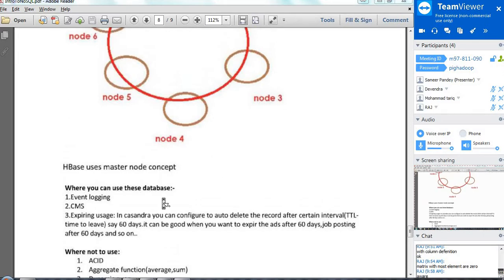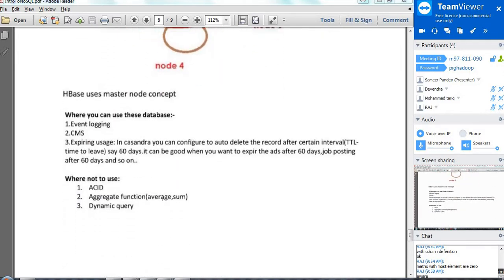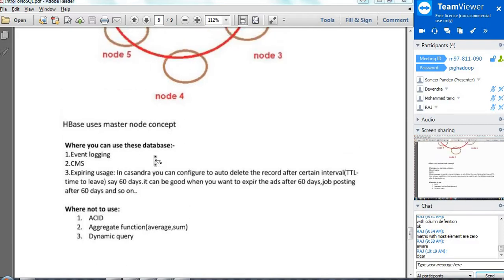Okay, so where can you use this type of database, the column family oriented? I will also tell what the actual meaning of column family is, when I discuss HBASE in detail. So where we can use it: if you want event logging, meaning if you want to store a log for each event, for each operation, then you will use such a kind of database.